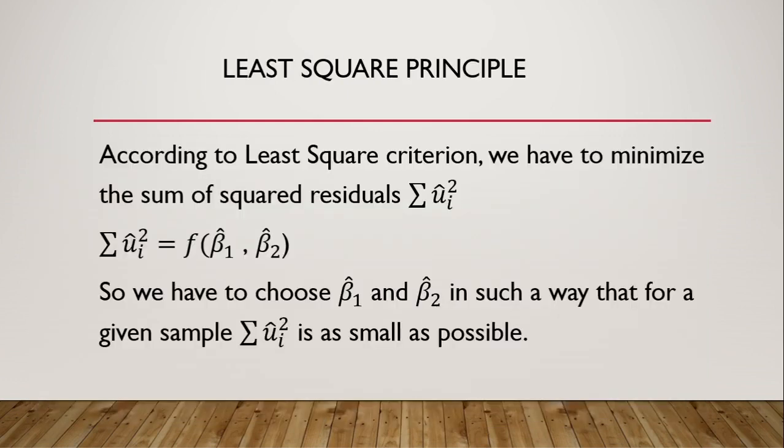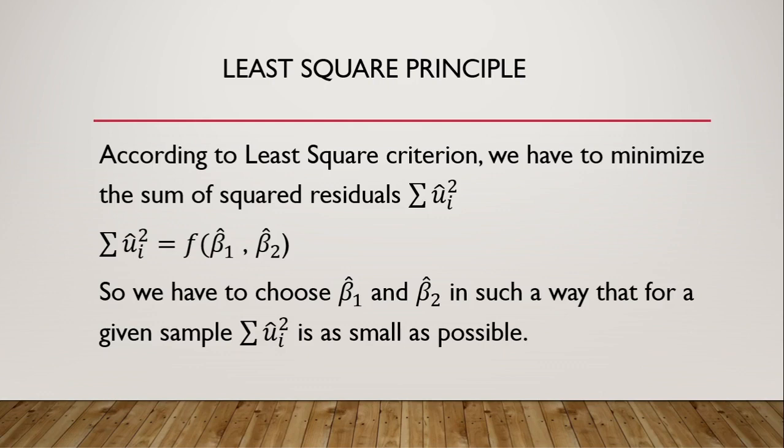So according to the least square principle or least square criterion, we have to minimize the sum of squared residuals, sigma ui hat square. And of course, we know that sigma ui hat square is a function of beta 1 hat and beta 2 hat.